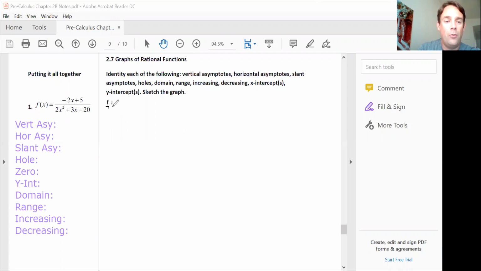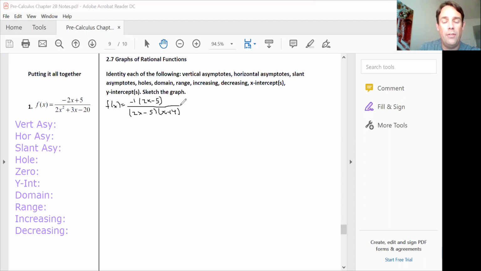If I factor both the top and bottom here, I notice I really like my first term to be a positive x value, so I'm going to factor that -1 out. And when I factor the bottom, I get (2x - 5)(x + 4). That's a pretty good thing for us.